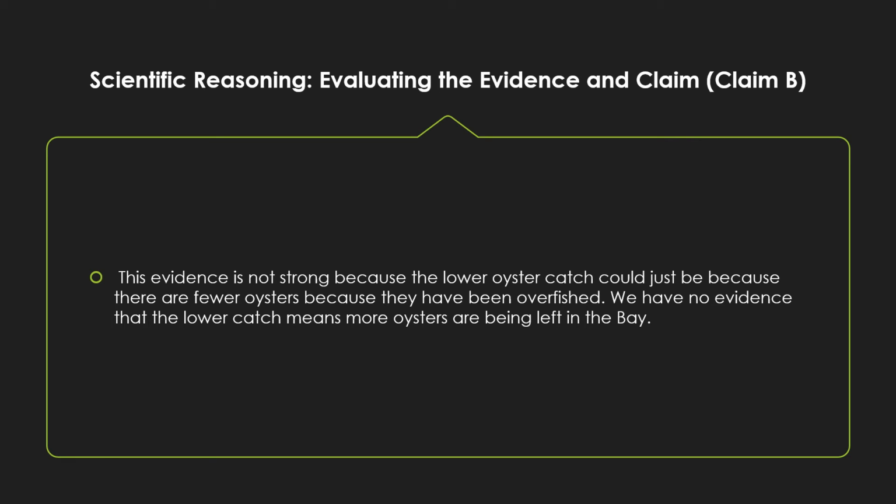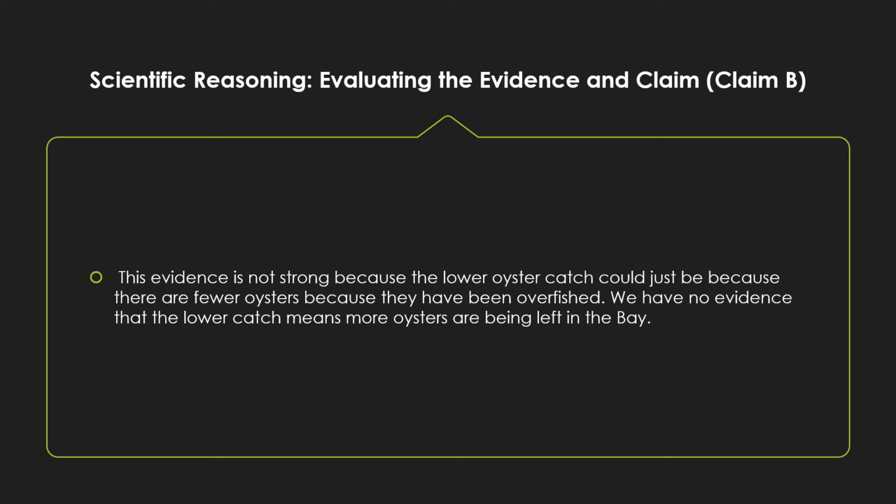So we can say that the evidence is not strong because the lower oyster catch could just be because there are fewer oysters because they have been overfished. We have no evidence that the lower catch means more oysters are being left in the bay. So it's not like the oyster population is constant and we are just catching less because we don't want to overfish.